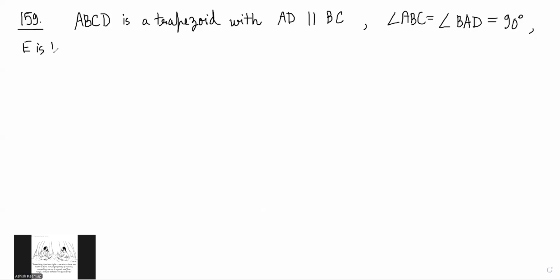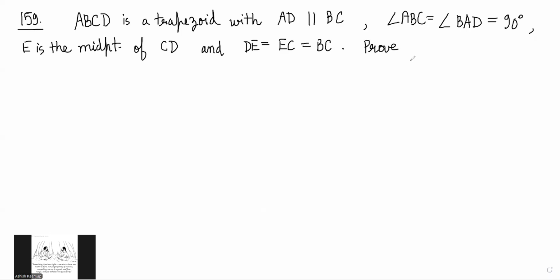E is the midpoint of CD and DE is equal to EC is equal to BC. You have to prove that angle DAE is equal to 1/3 of angle AEC.